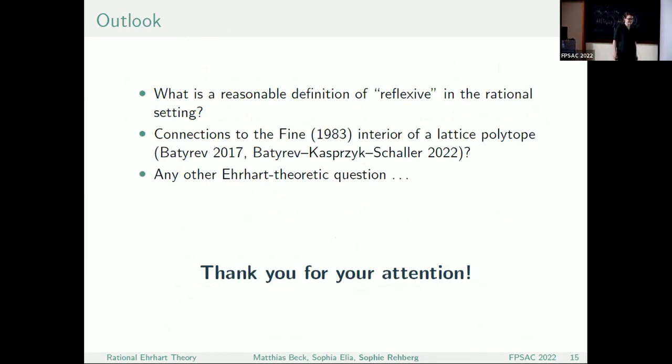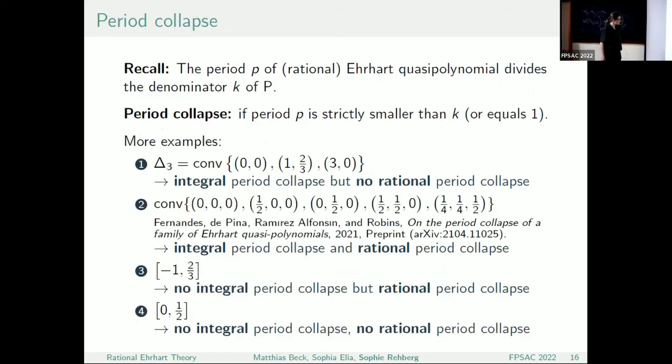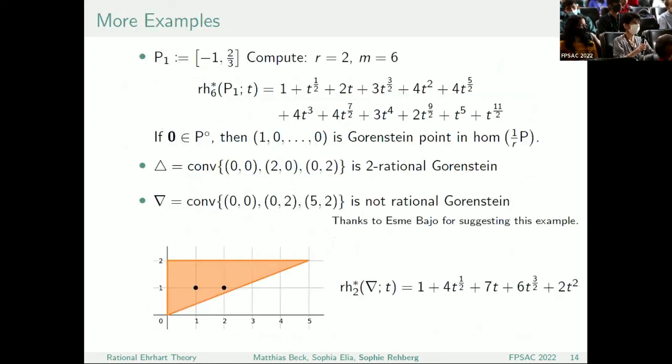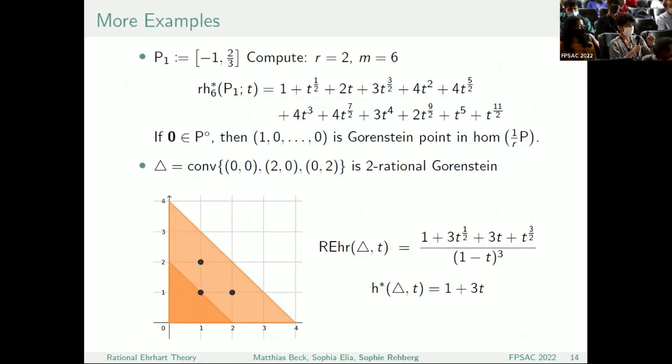Might just be nothing, but one of your examples had 1 minus t cubed in the denominator. I just noticed that if you wrote numerator and denominator as a polynomial in t to the 1/2, then you have cancellation. Is that something that generalizes? So you just get 1 over 1 minus t to the 1/2, cubed.